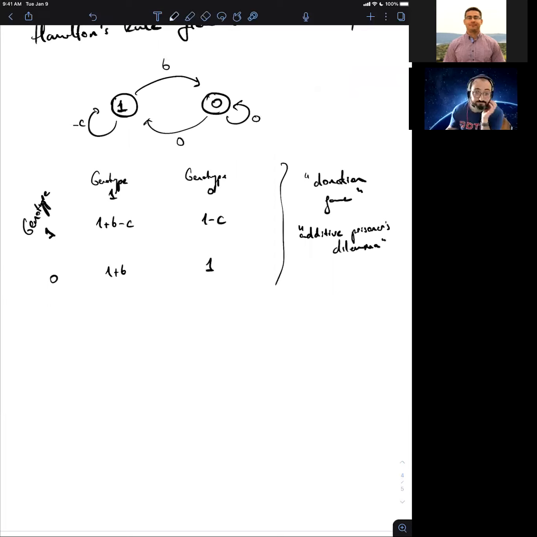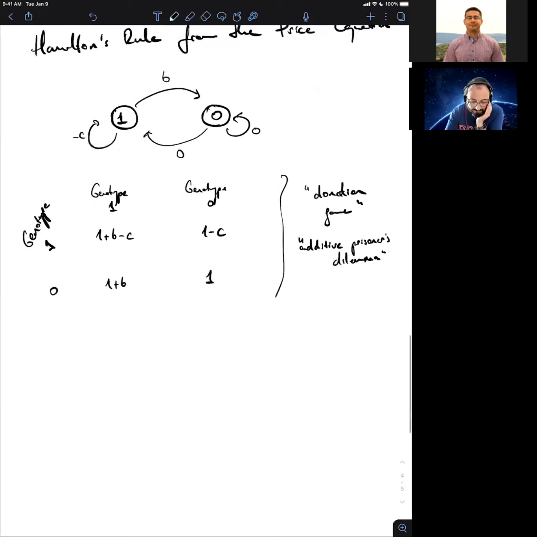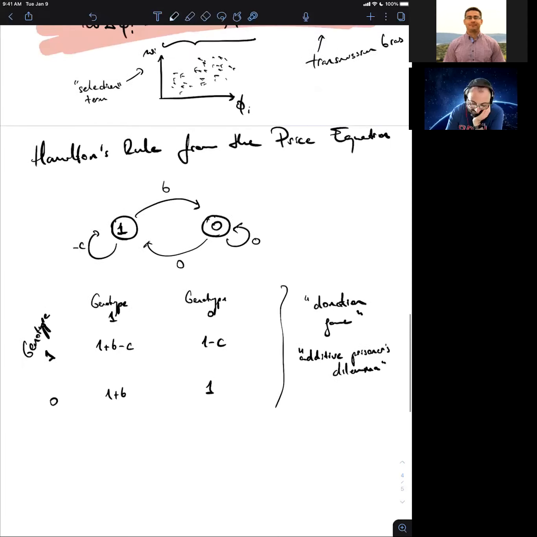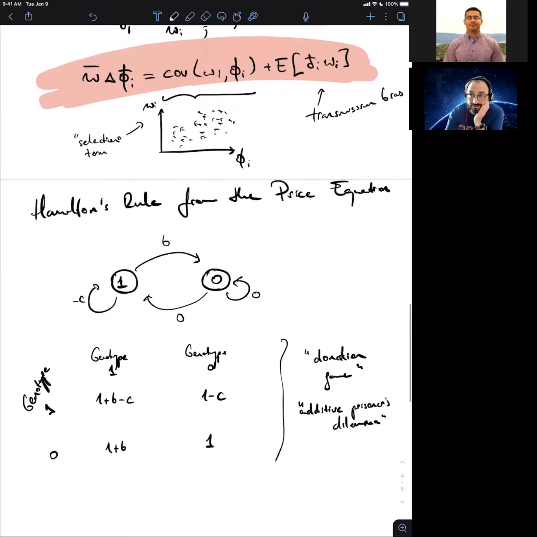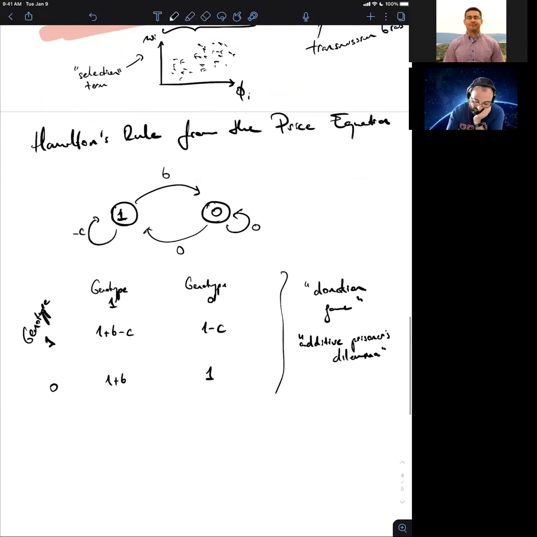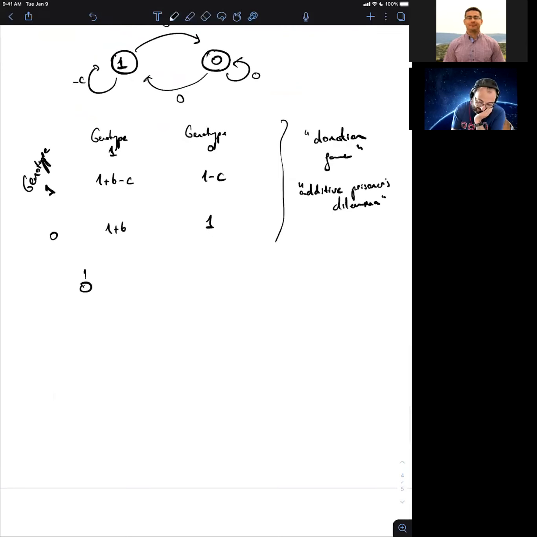The reason I labeled one of the genotypes 1 and one of them 0 is going to be apparent now, because that lets me write down the phenotype in a simple way. So now I can say the phenotype of I is the genotype.